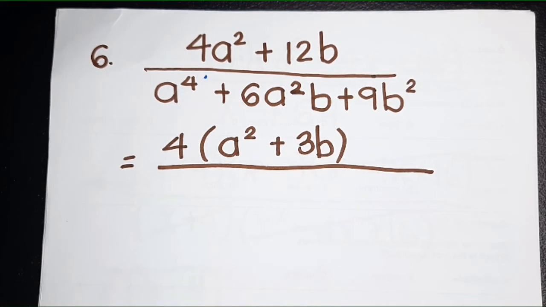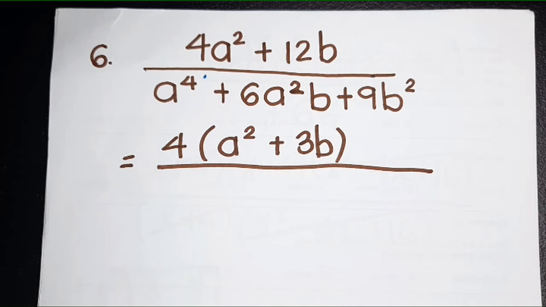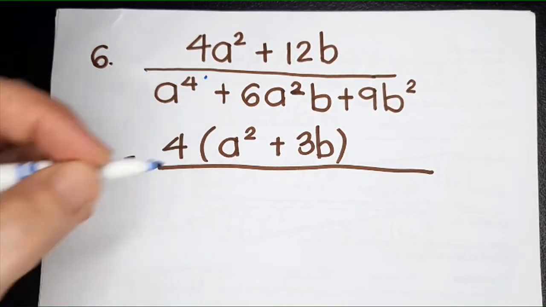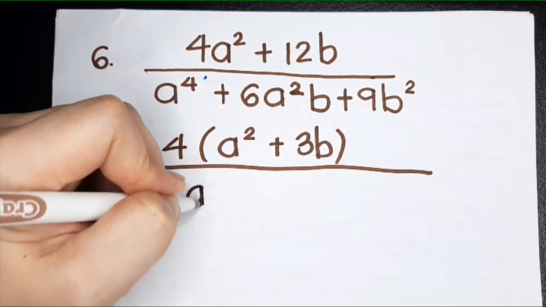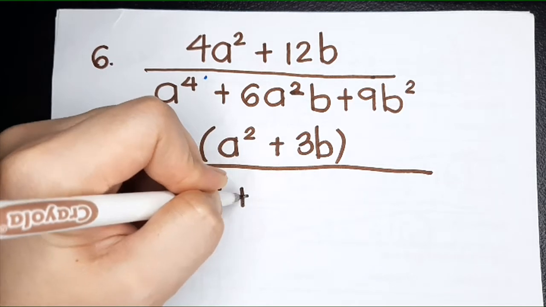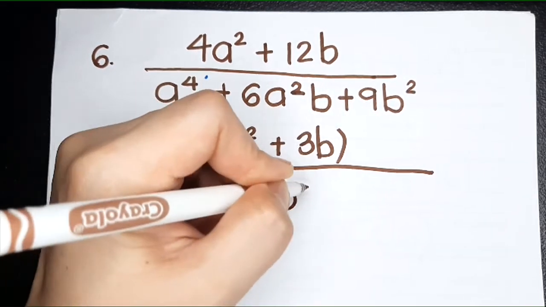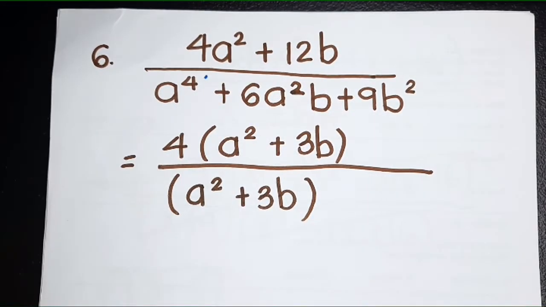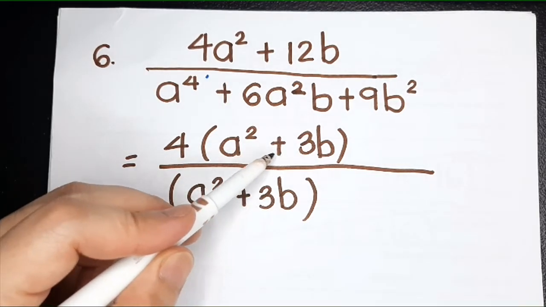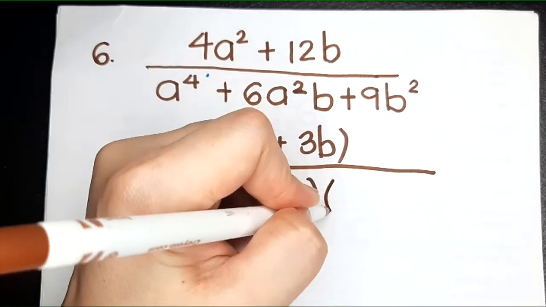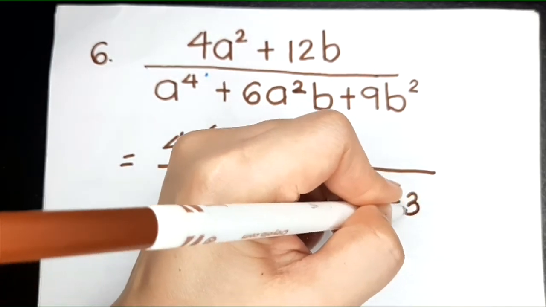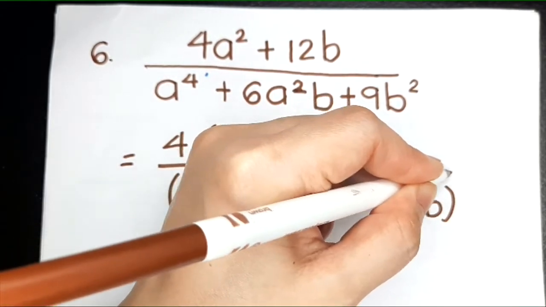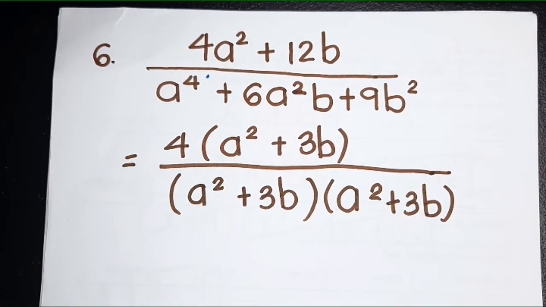But again, you may use the trial and error method on how to factor this. And the factors are a squared plus 3b. Again, paano ko nalaman? Ayan, kamukha lang nito dapat. And then, of course, the other factor is the same. It's a squared plus 3b.